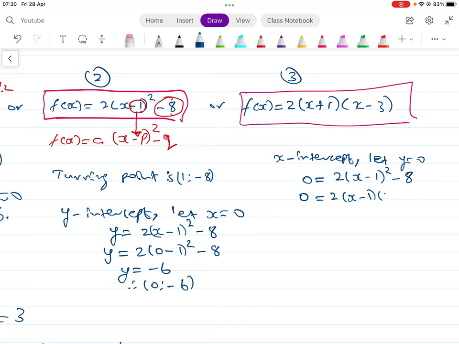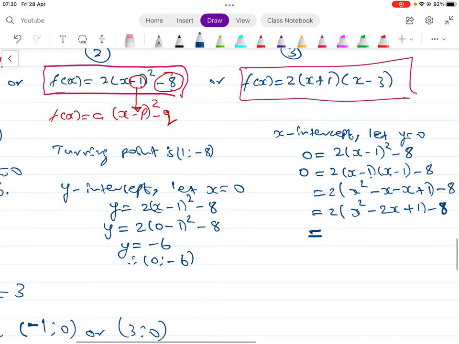We expand the brackets and keep the 2 there. x times x is x squared, x times -1 is minus x, -1 times x is minus x, then -1 times -1 is +1, and the 8 remains. We simplify inside the brackets: 2 into (x squared minus 2x plus 1) minus 8.